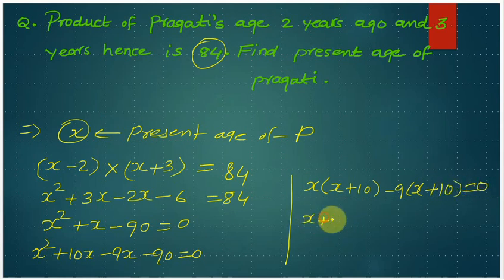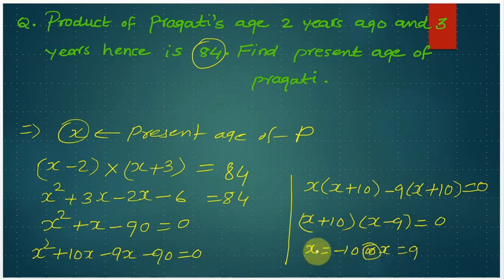So (x plus 10) into (x minus 9) is equal to 0. So x is equal to minus 10 and x is equal to 9. But age can never be negative, so we cancel out x is equal to minus 10. Then we get x is equal to 9 as the present age of Pragati.